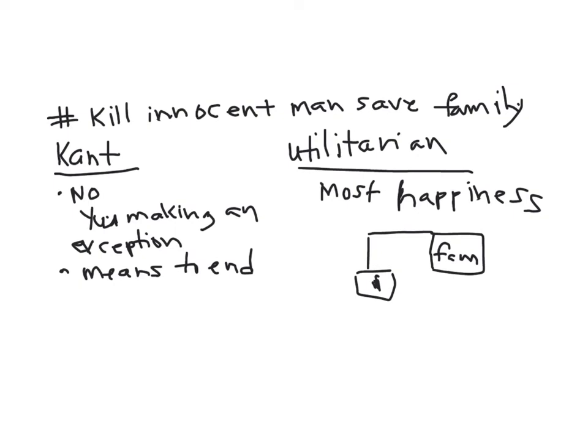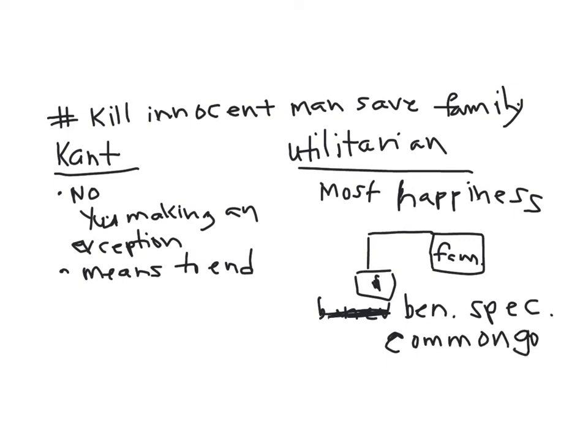However, other students have made other arguments. Maybe before the test I'll read you a couple from last year. Someone brought in the idea of the benevolent spectator and the idea of the common good. A couple people wrote paragraphs last semester where they said, John Stuart Mill said you shouldn't be motivated by the fact that it's your family.